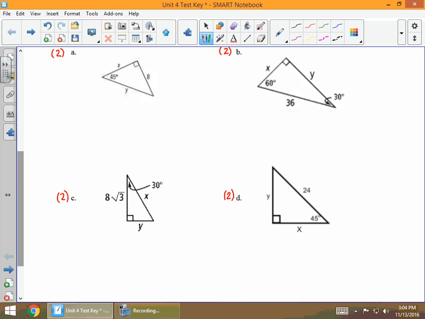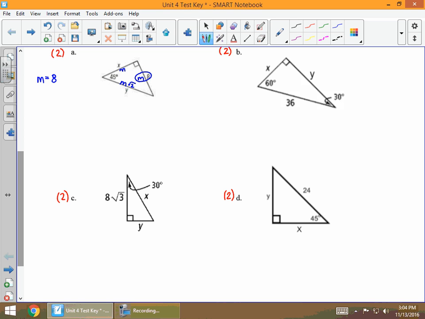As I look at triangle A, that is a 45, 45, 90. So across from my 45's, we know that these are both m, and the hypotenuse is m radical 2. So I'm looking for an equation. Here's my equation. So m is equal to 8. Solve for m, I have nothing left to do there.